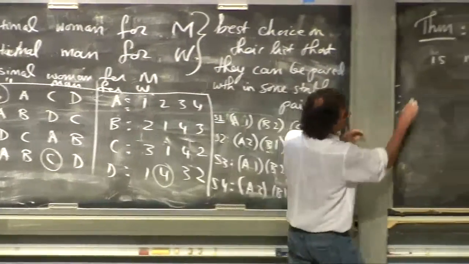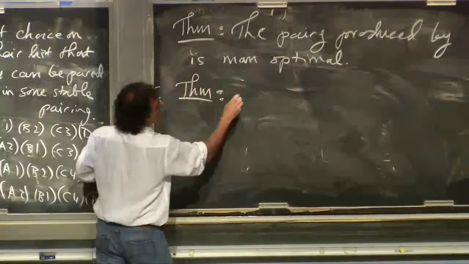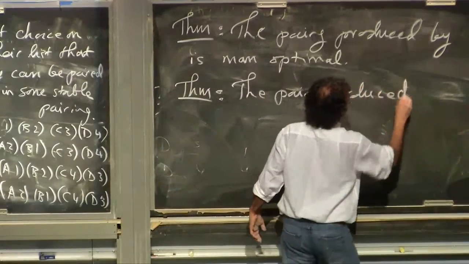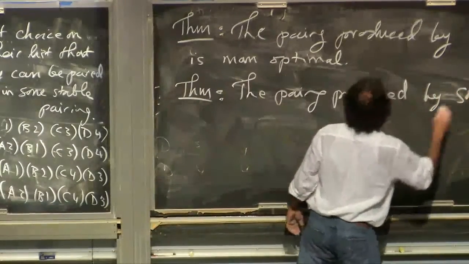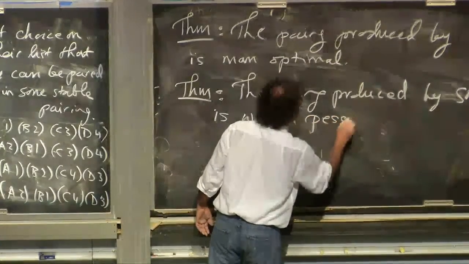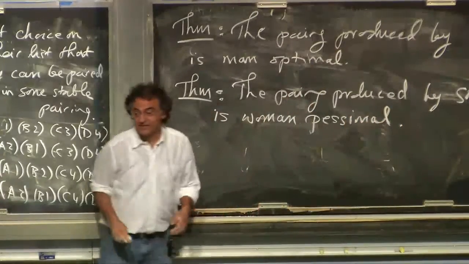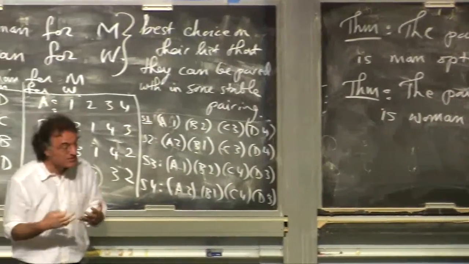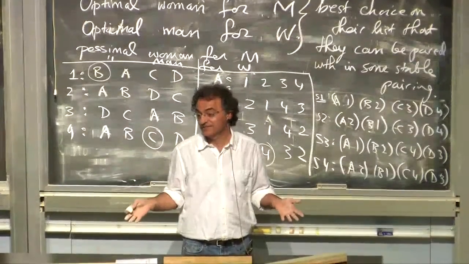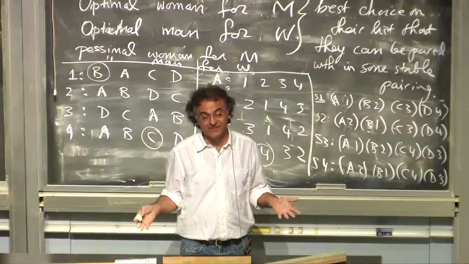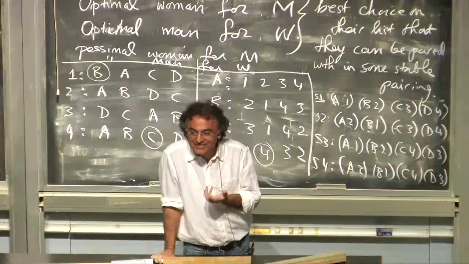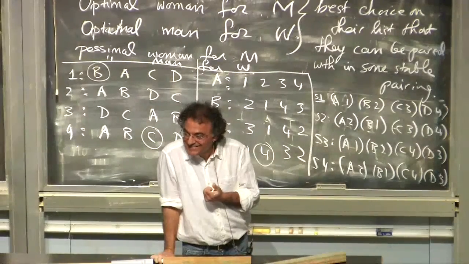So the next theorem says the pairing produced by the stable marriage algorithm is woman pessimal. So what this algorithm produces is every woman gets the worst possible choice she could get under stability. Isn't that scandalous? Isn't that surprising though? Sexist. Yeah, isn't it?